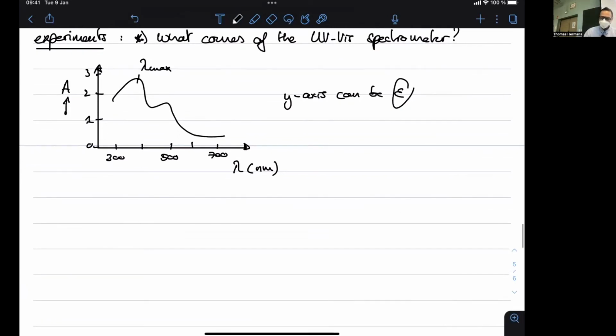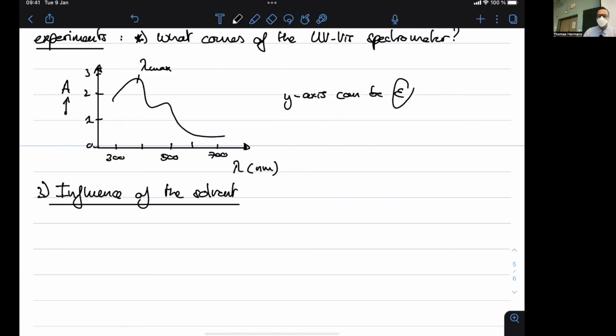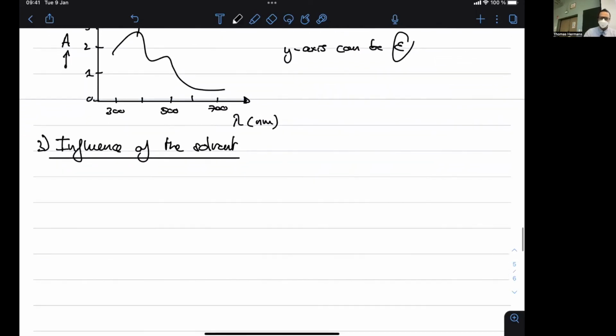Okay, let's look at some other aspects. Influence of the solvent. So in UV vis, you're not working in a vacuum, right? You're typically putting your molecule into a solvent.